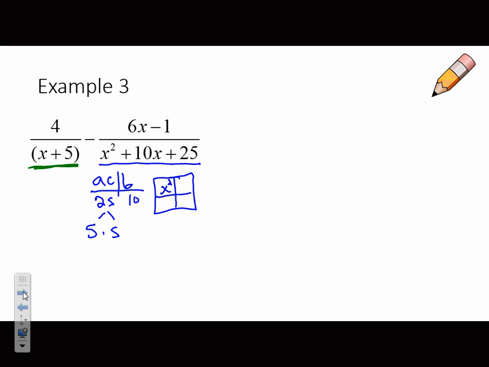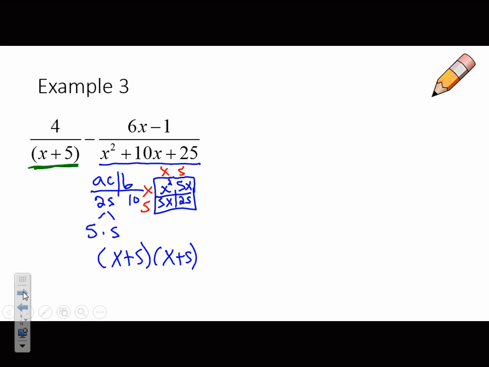X squared, 5x, 5x and 25. Take out that greatest common factor, so I have 5x, x, and 5. So once this is factored, it's going to be x plus 5 and x plus 5.